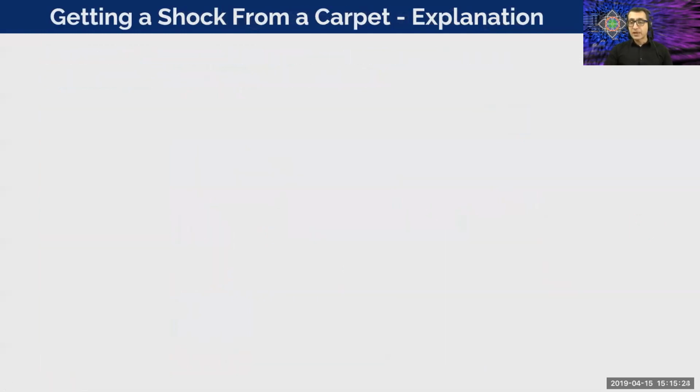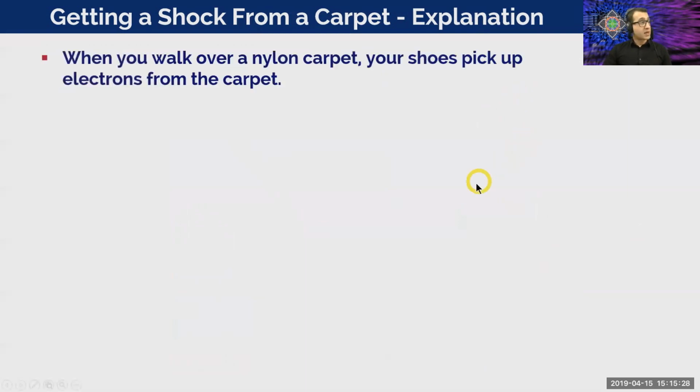So, the explanation is when you walk over a nylon carpet. Remember, nylon is an insulating material, as is the rubber or material that makes up the soles of your shoes. So the two materials are being charged by friction as your feet move across the carpet.